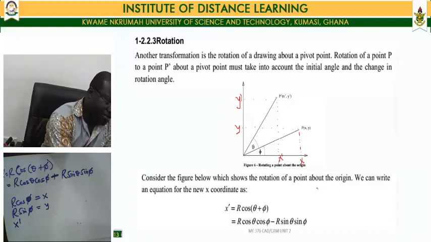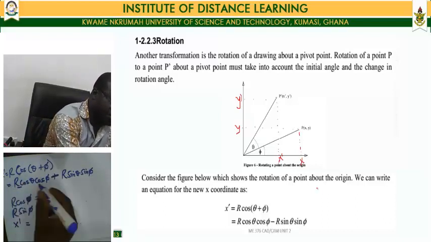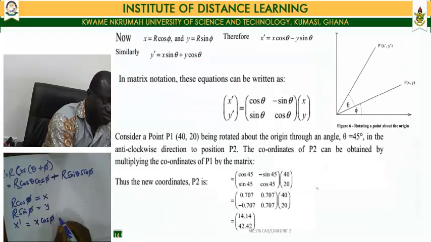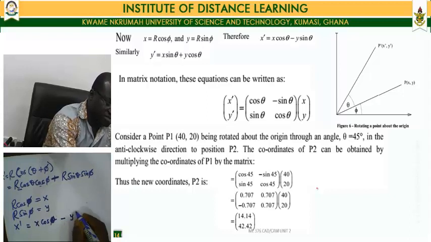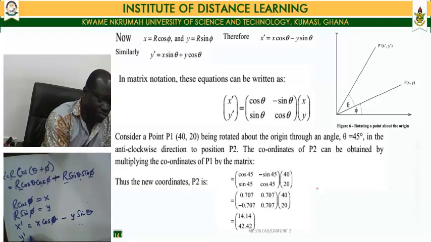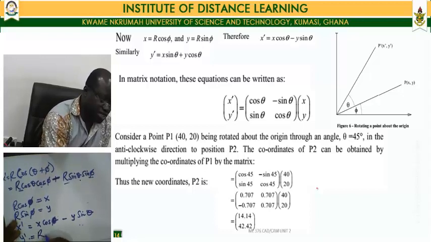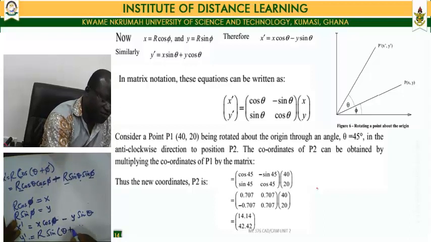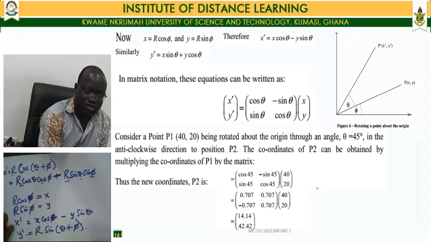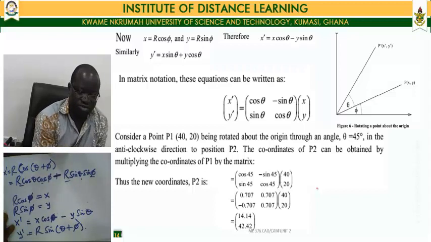That is, we can write x prime as r cos phi is x, so we can write it as x cos theta minus y, which is r sine phi sine theta. In a similar way, if we take y prime, which is going to be r sine(theta plus phi), we can expand this just as we expanded the trigonometry for the cos.